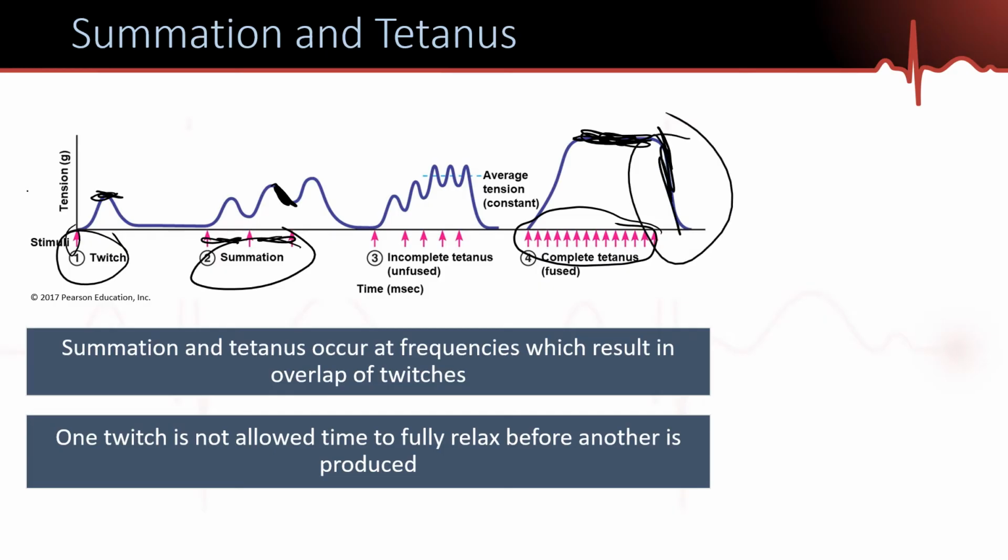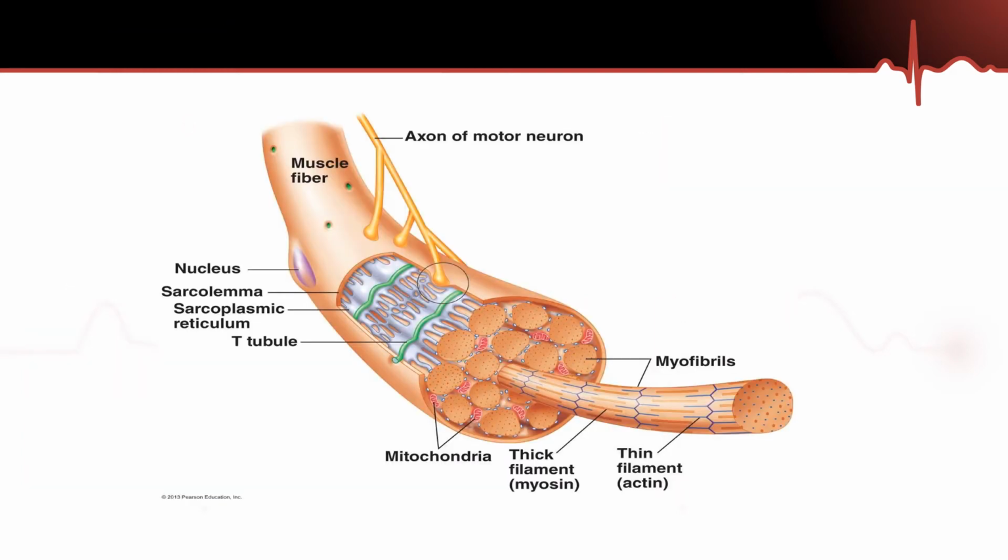Okay, that's what brings tetanus to an end. So now we've discussed how individual muscle fibers can produce more force, how they can produce maximal force, right? It's all about the number of action potentials that they generate and thus the amount of calcium that they release.